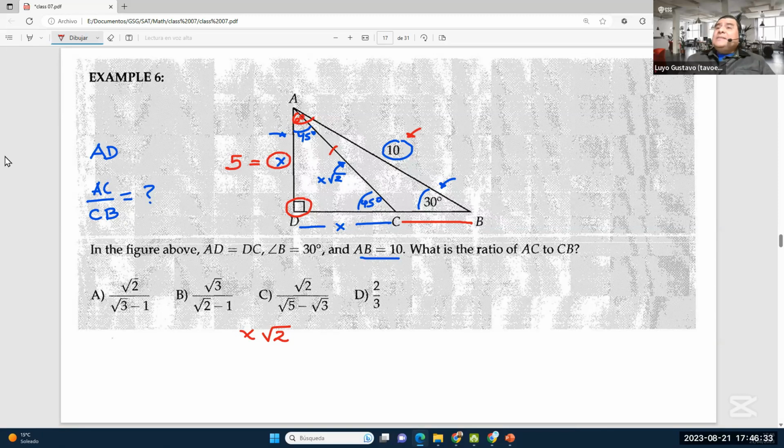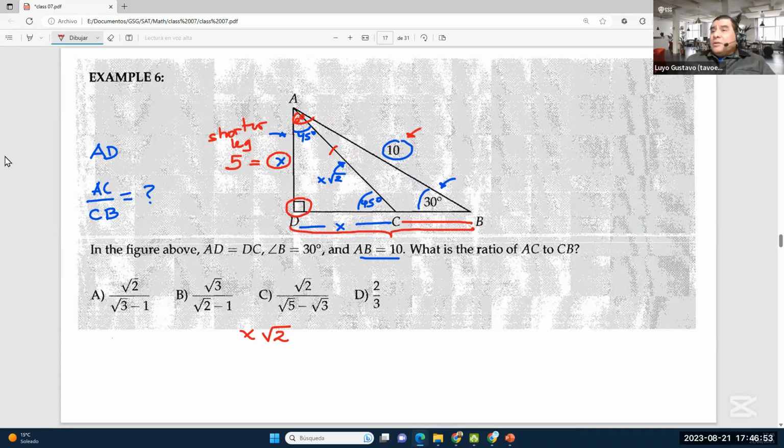But if this is 5, then what happens? Well, obviously, the connection between the shorter leg and the longer leg, that is all of this. This is the longer leg.